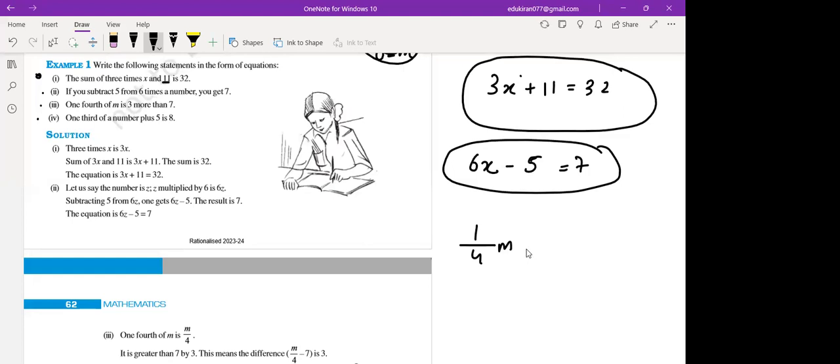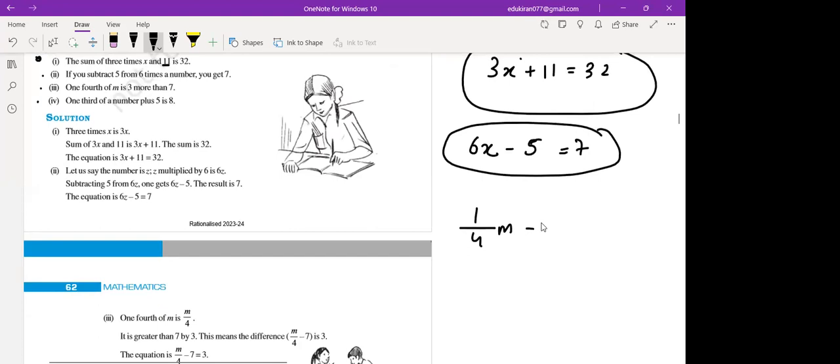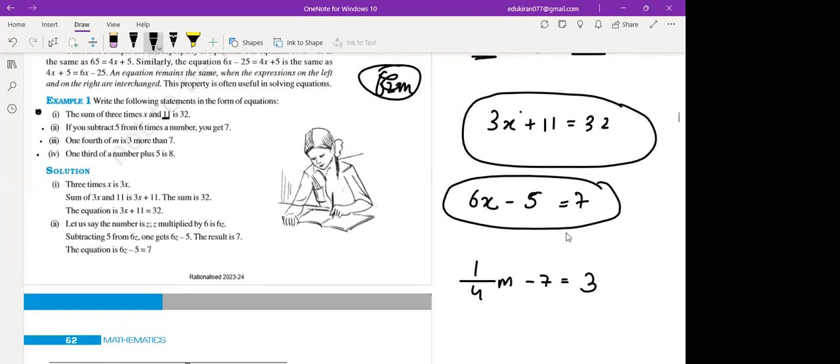So how will you write it? Tell me. 7 plus 3. Ma'am, read it, it's a minus. One-fourth of m will become this. Is 3 more. Right?